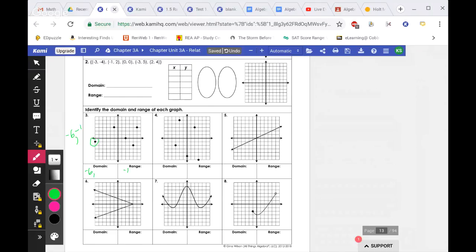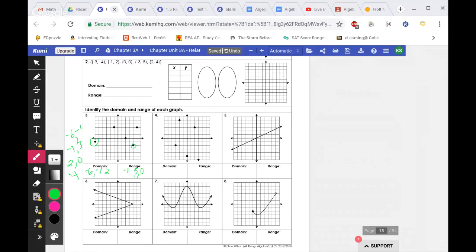So, and then this next point is going to be negative 1, and then 1, 2, 3, 3. So negative 1 would be the domain, and 3 would be the range. Does that make sense? Mm-hmm. And then the domain and range on the next one, that's 2, 0. So 2, 0. And then this point here, it's going to be 1, 2, 3, 4.